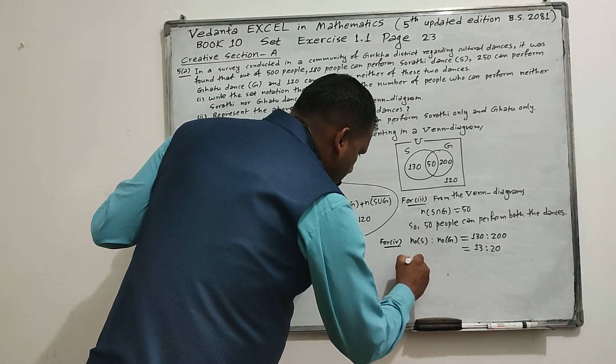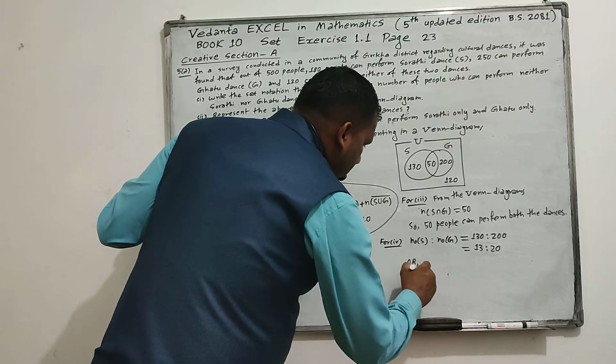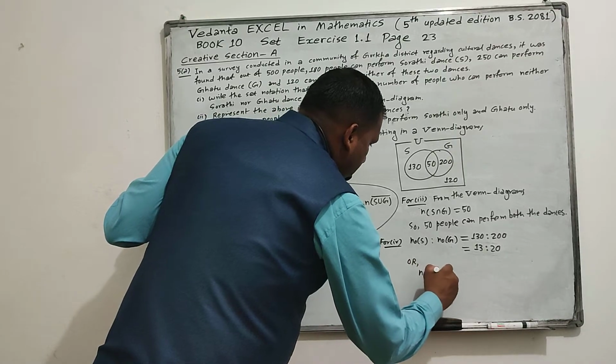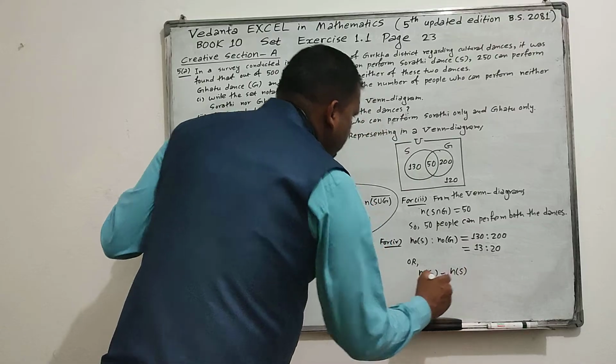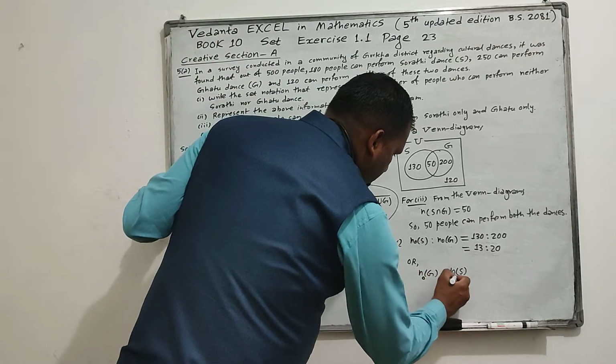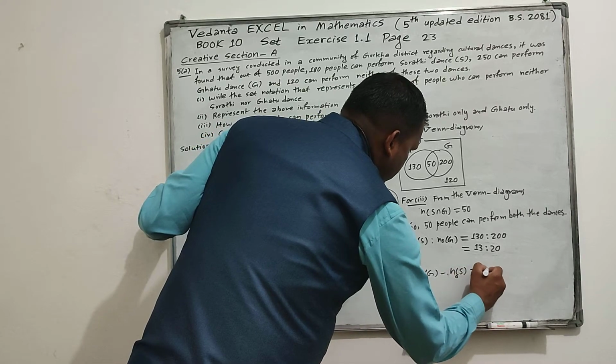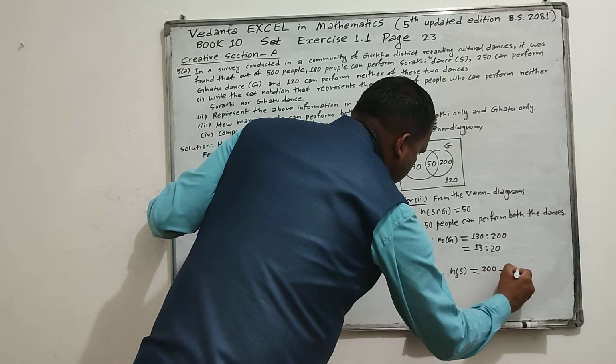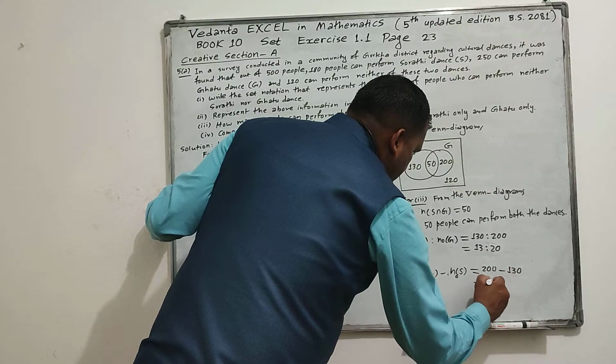Or number of G minus number of S: G only is more than S only, so G only minus S only equal to 200 minus 130, that is 70.